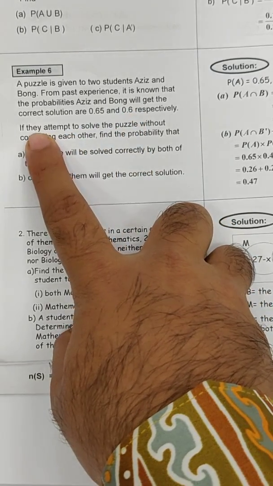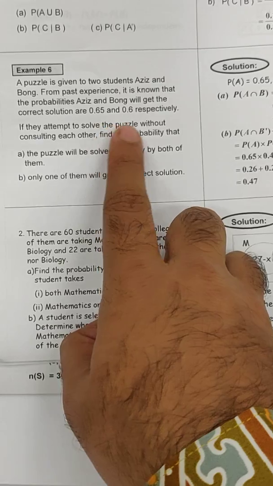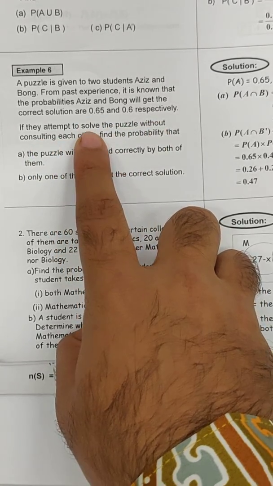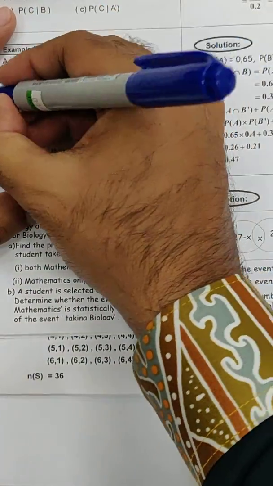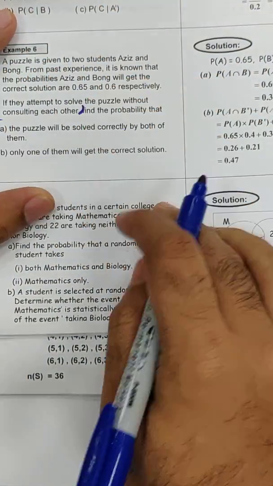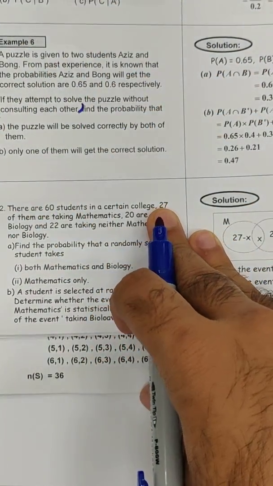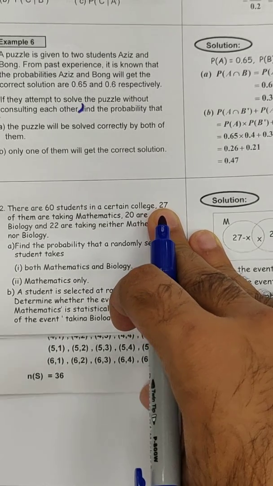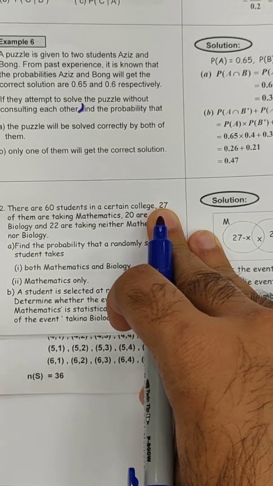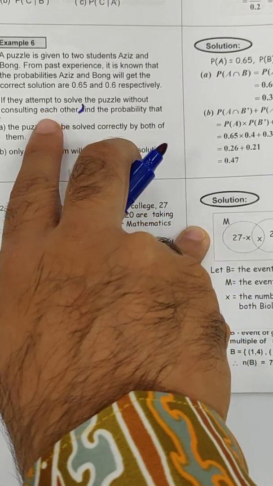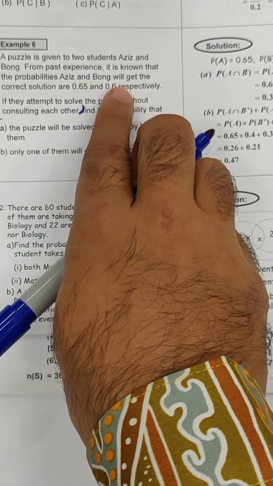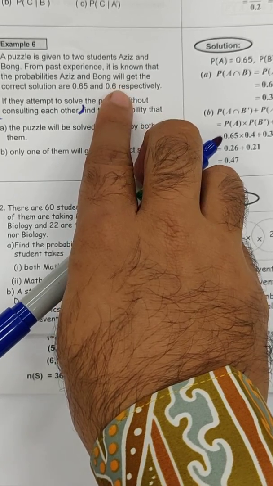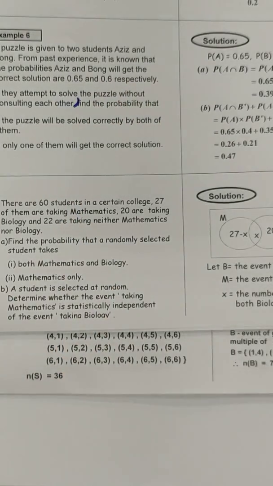And if you read this line, if they attempt to solve the question without consulting each other, then it means it's what? It's independent. Alright, so the value of P(A intersect B) over here is 0.65 times 0.6. It depends on the questions.